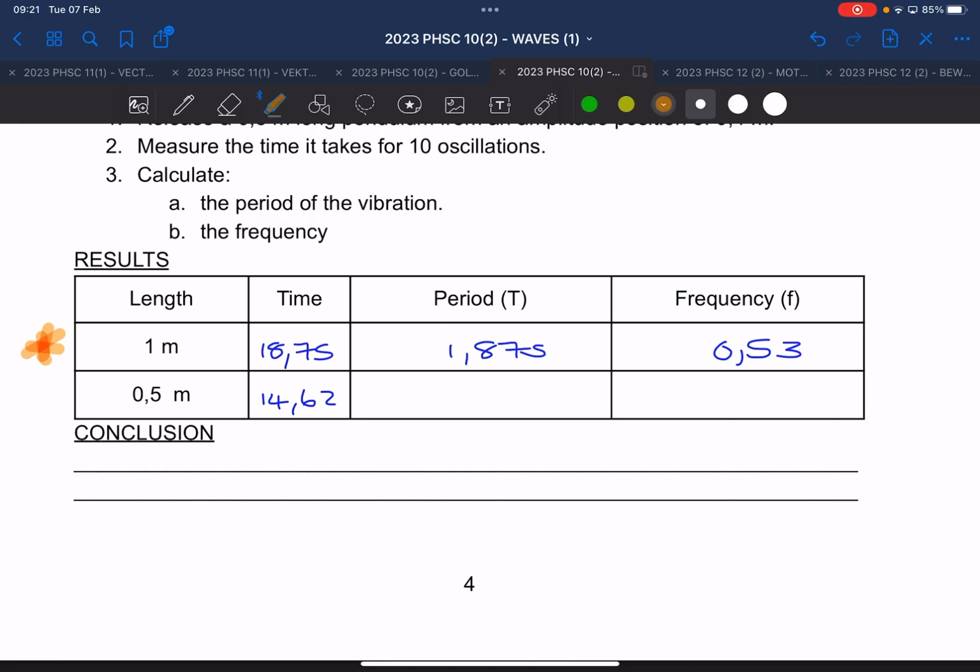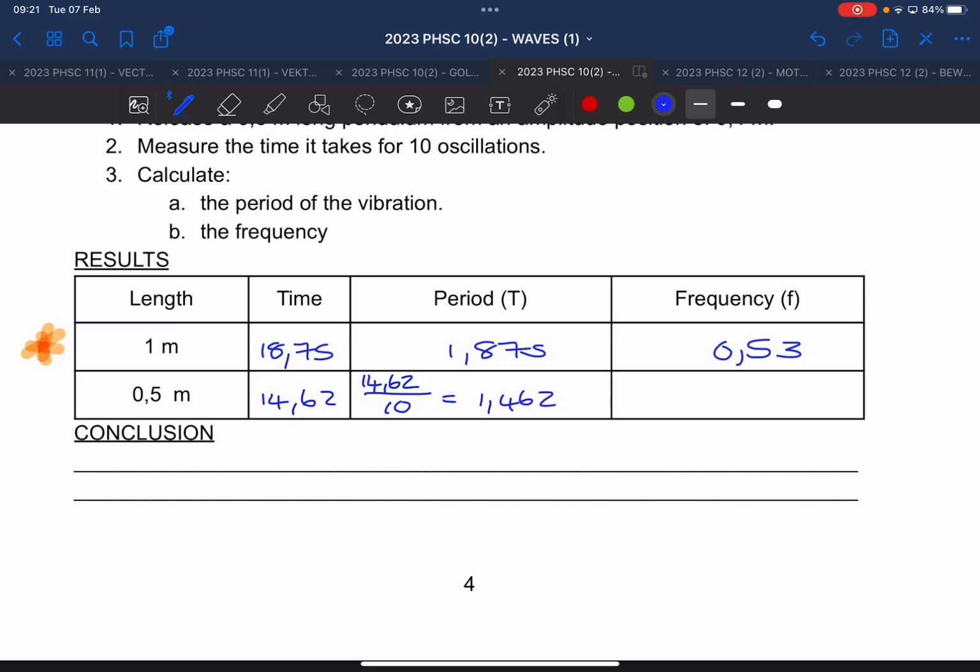Just wait. Yes? Why do you say over 10? How many oscillations did we count? 10. So that gives you 1.462. And if we determine the frequency, Relo?